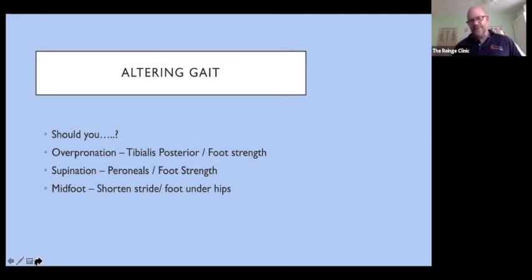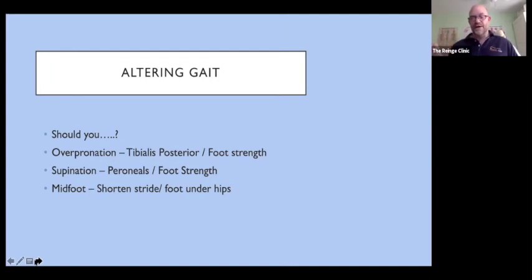Those who've been running long enough will have seen us go from a long open stride, which is why we built up the back of the shoe in the first place, to what we've now got, which is a high cadence and a much shorter stride length. It is better for the body. It does use the mechanics and Newton's third law better to use a high turnover rate. But yes, you can try and shorten up your stride to create a midfoot strike. You've got a big fluffy shoe on if you're already wearing one.